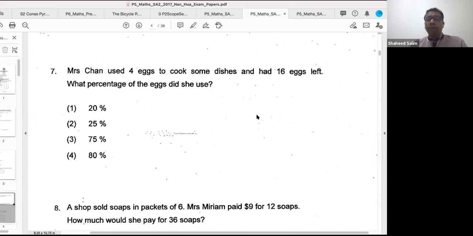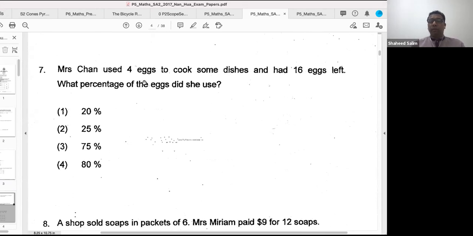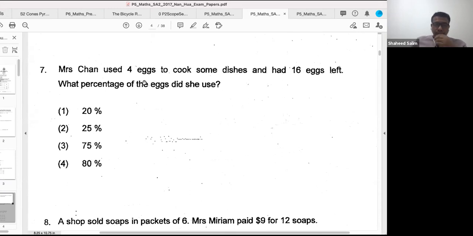Okay, number 7. Remember what I say, you want to find the percentage, you write the fraction first.